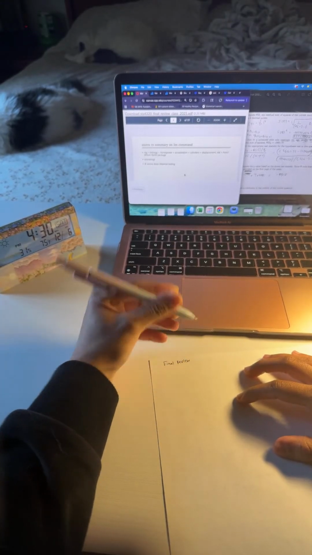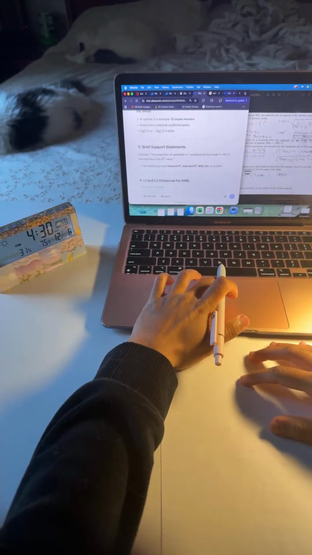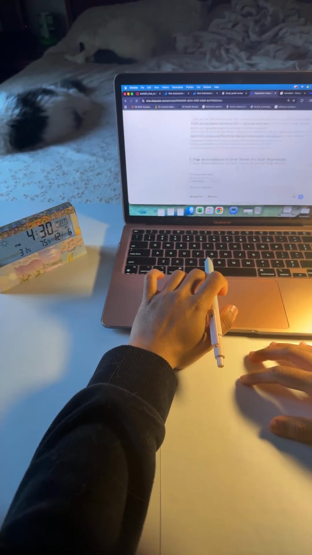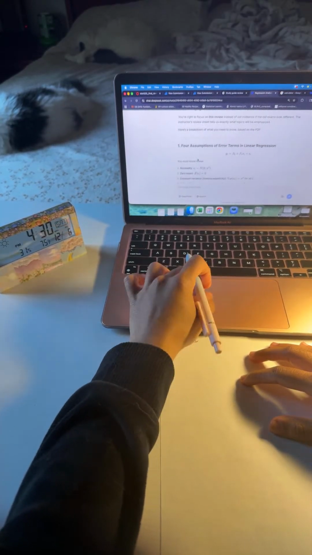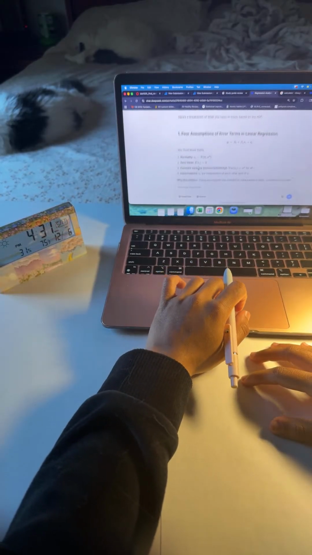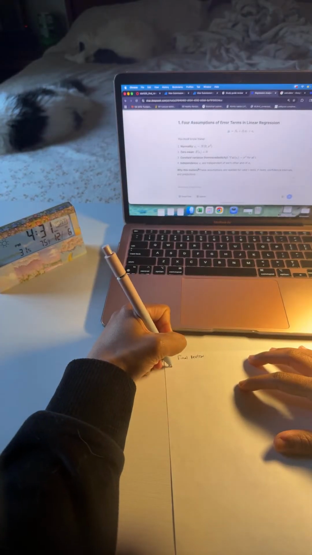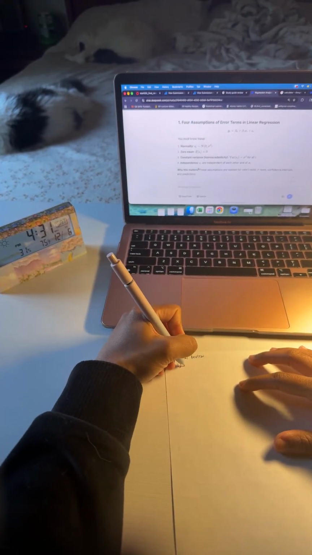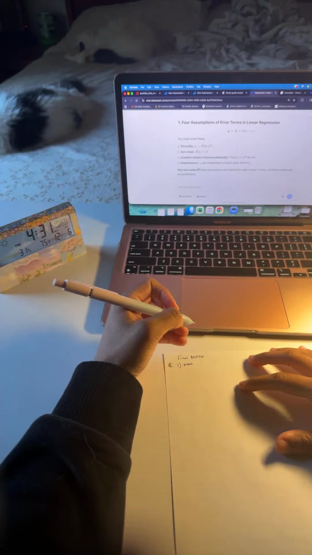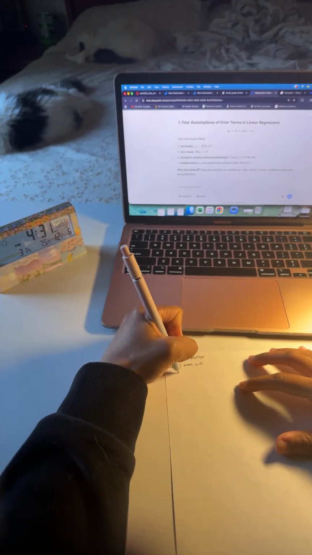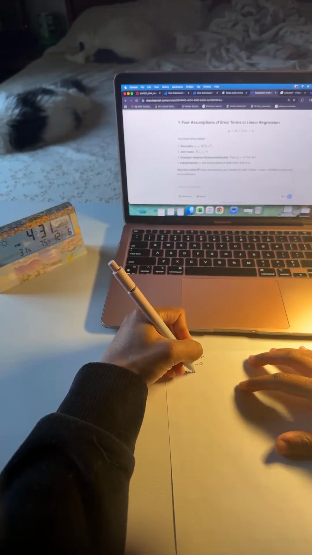Final review. Let's go over what DeepSeek was talking about. So, for assumptions, terms, error terms, epsilon: number 1, mean is always 0. Number 2, always normal.